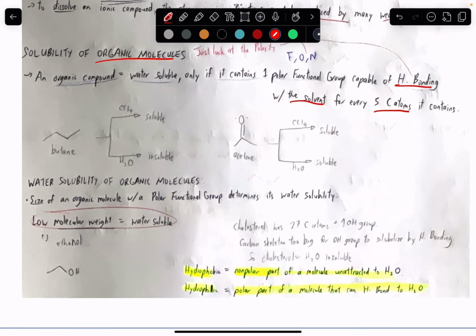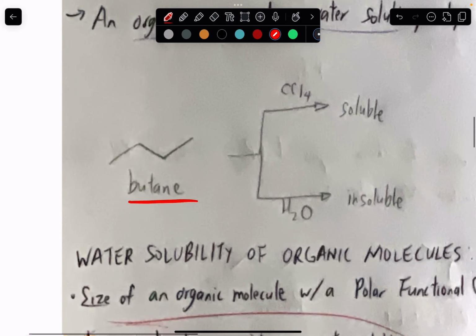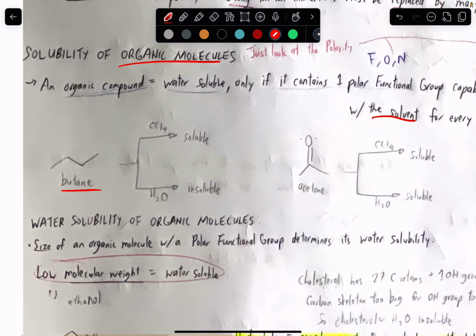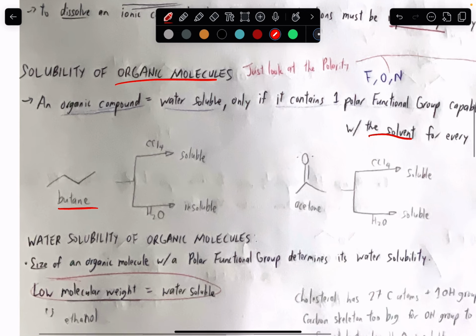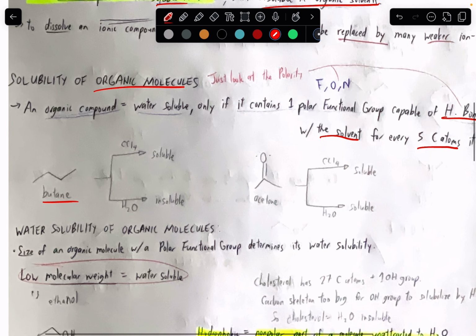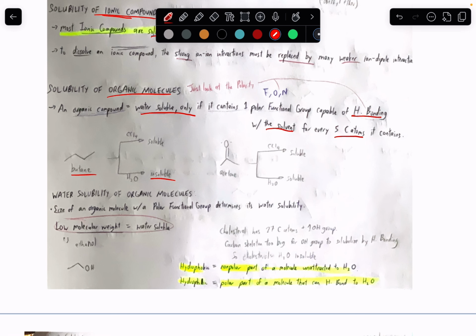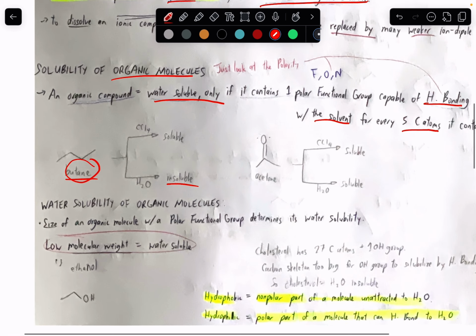So, let's try butane. Butane, based on the structure, puro ano lang, di ba? Hydrocarbons. So, in that case, there is no hydrogen bonding na nangyayari. So, naturally, it is soluble kapag organic solvent. Pero kasi, when you dissolve it in water naman, since it's not capable of hydrogen bonding, it's insoluble. Sabi diba, this is the condition. So it is only water soluble if this condition is met. Basically, kaya mag-hydrogen bonding. Butane cannot.